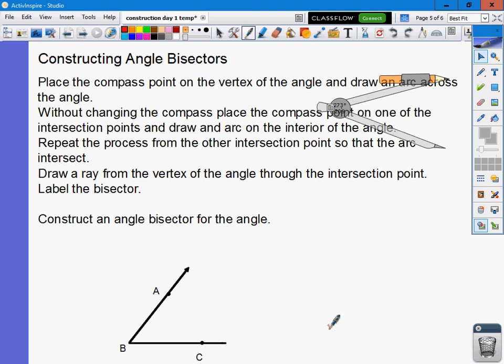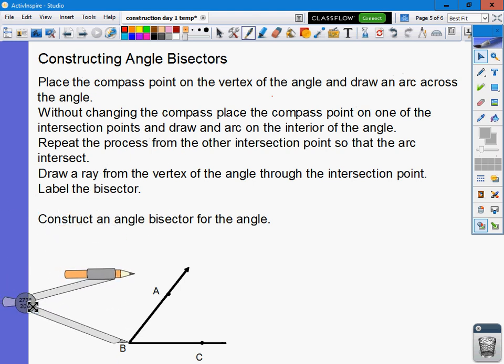Constructing an angle bisector then. Remember, if it's an angle bisector, I'm looking for a ray that's going to cut this angle into 2 equal pieces. I want to place the compass point on the vertex of the angle.